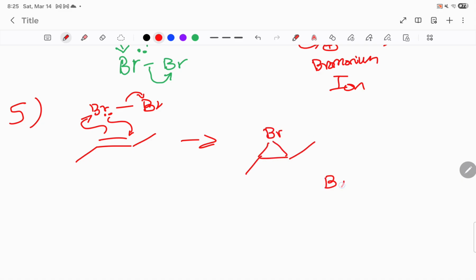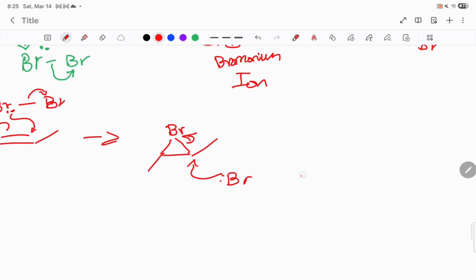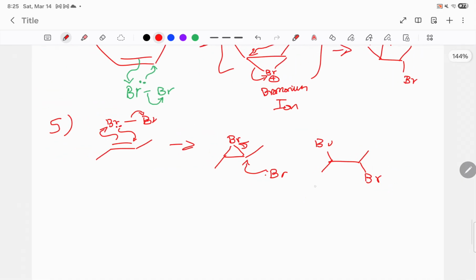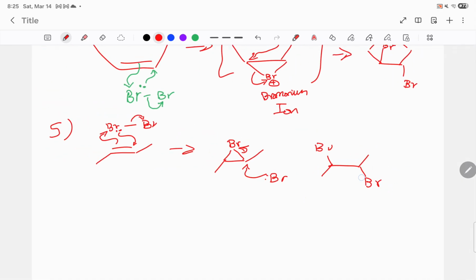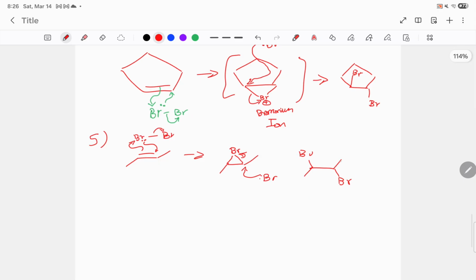And in a subsequent step, the Br will undergo nucleophilic attack and generate our dibromide. Okay? So why is it that in this specific reaction of halohydrin formation, this doesn't occur?